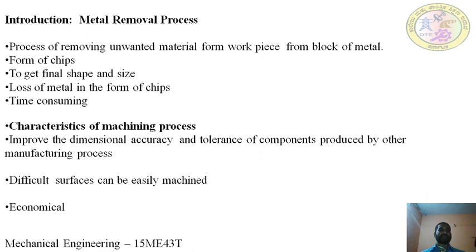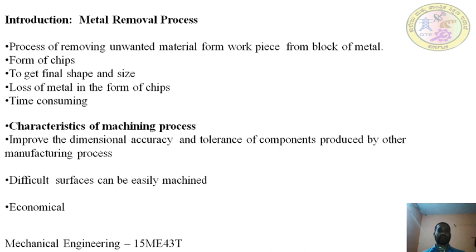So the characteristic of machining process is to improve the dimensional accuracy and tolerance of the component produced by the other manufacturing process. As I told, the components which are produced from the other manufacturing process are not to the required shape and size.